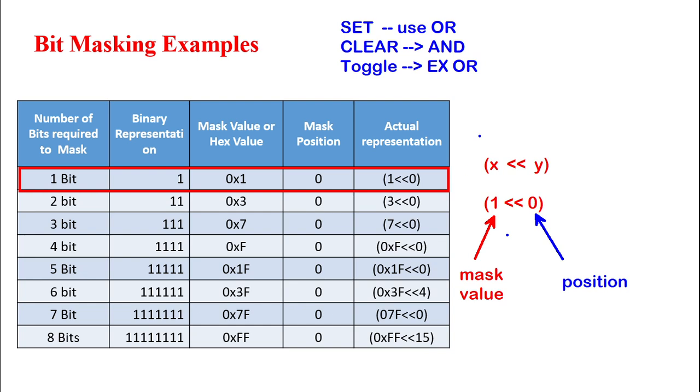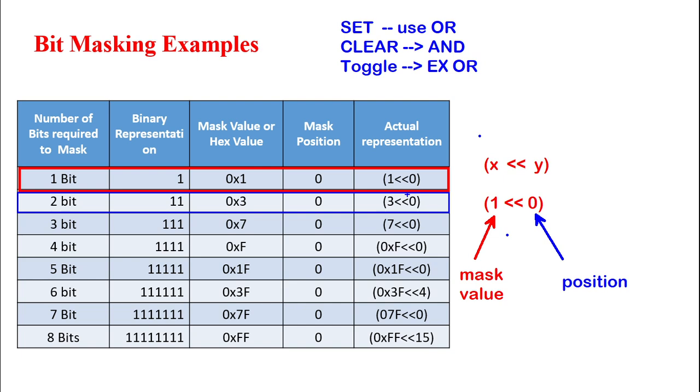Okay, so this is how. And for the next one, if you want to go for 2-bit masking, the binary representation means 2 bits, so I will write it as 11, and the equivalent mask value is 3. The binary 11 in hexadecimal is 3.